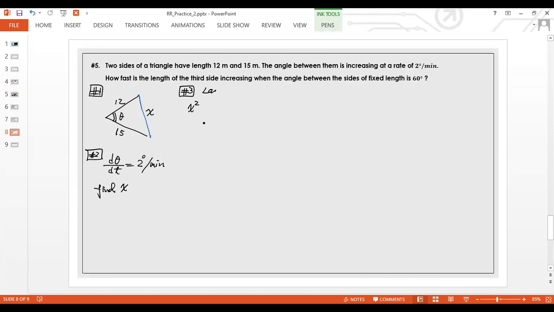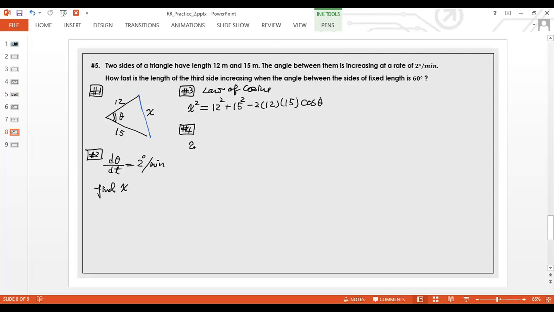So x squared is equal to the two sides squared, so 12 squared plus 15 squared, minus 2ab, so minus 2 times 12 times 15 times cosine theta. Correct? Right. So now after that, I can take the derivative of both sides here.